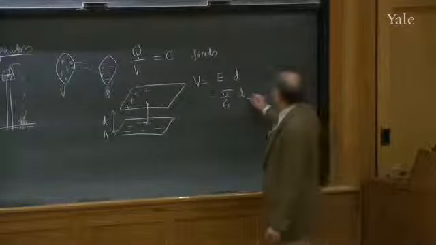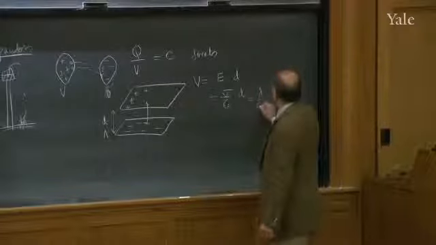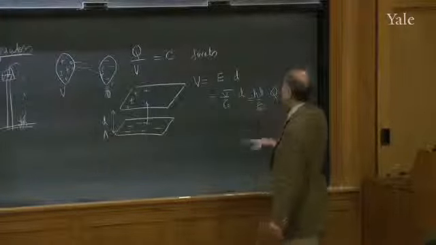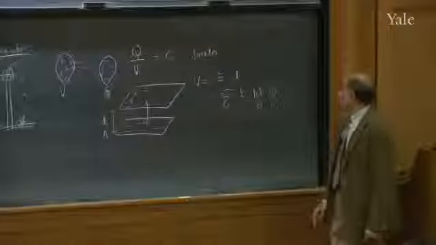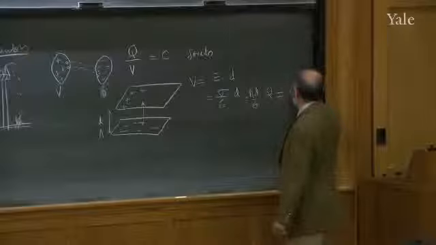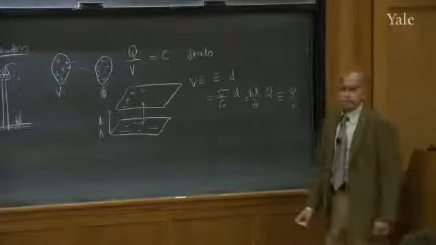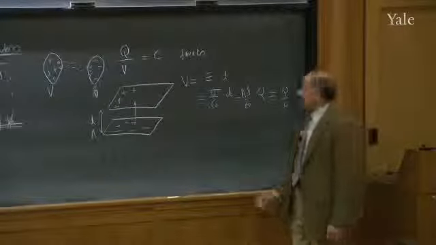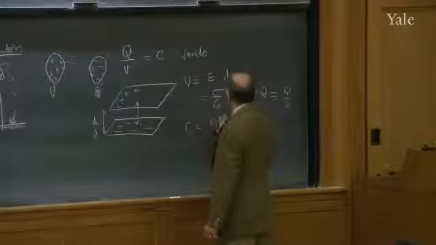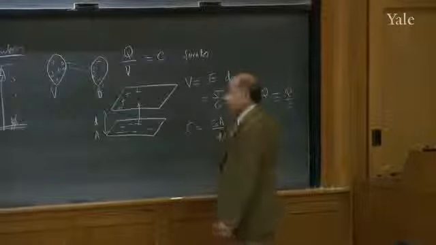And sigma is Q over A. Charge density is the total charge over the area. And V is by definition Q over C. Therefore, the capacitance of this parallel plate capacitor is epsilon 0 A over D.